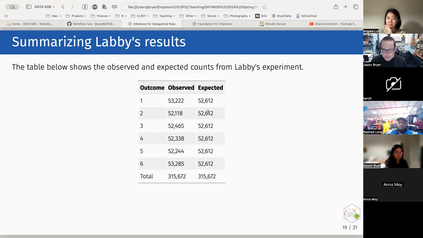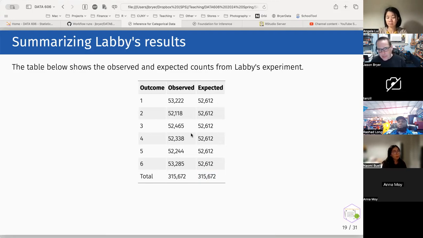If you look at the expected column, it's all 52,612, which is simply 315,672 divided by 6. That's how we get that. We would expect the same number of 1s, 2s, and 3s. Of course, we didn't observe the same number, but the question is, is it far enough away for us to suspect there's something wrong with the dice? This is analogous to the problem we've been talking about for a while: if I flip a coin 100 times, I would expect 50 heads and 50 tails.